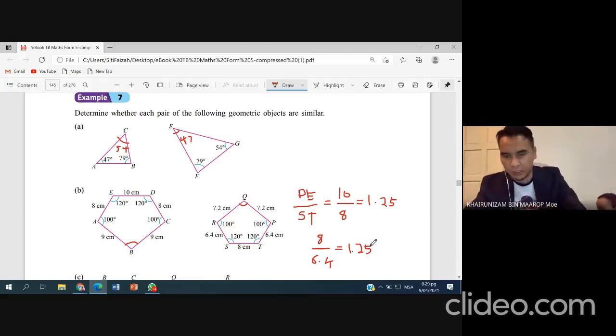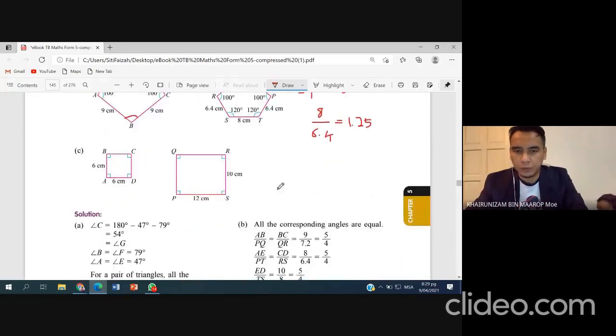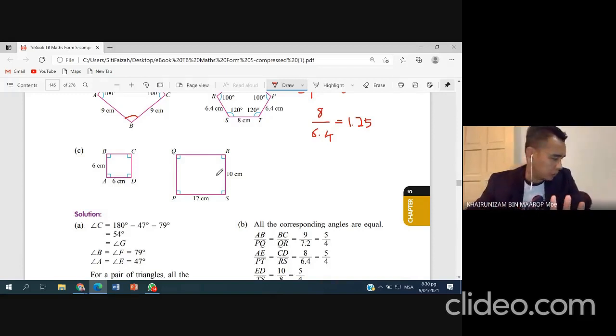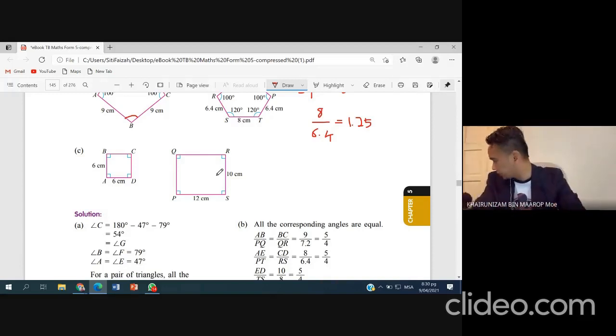Actually you can try another side. Okay, you will get the same ratio. So that means both of these shapes are similar. Okay, what about this one? If we look at the angle, the angles are equal, isn't it? All angles are right angles.